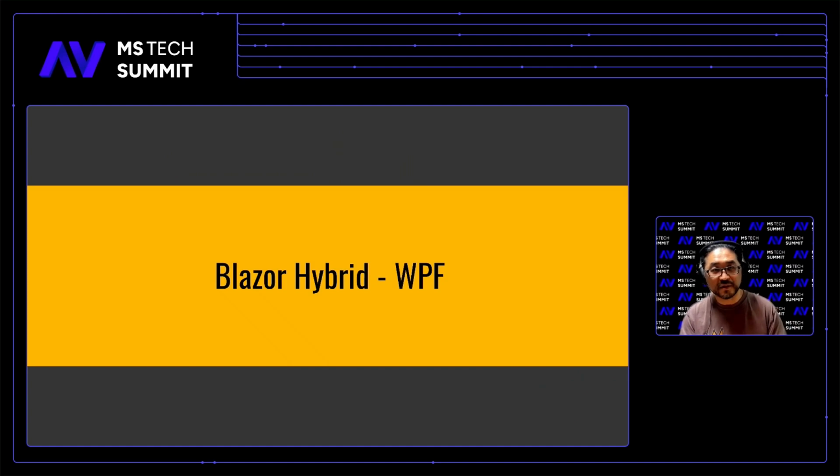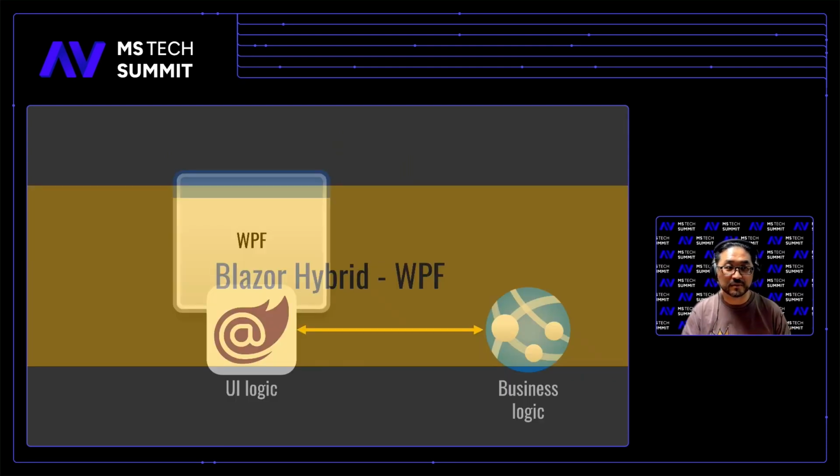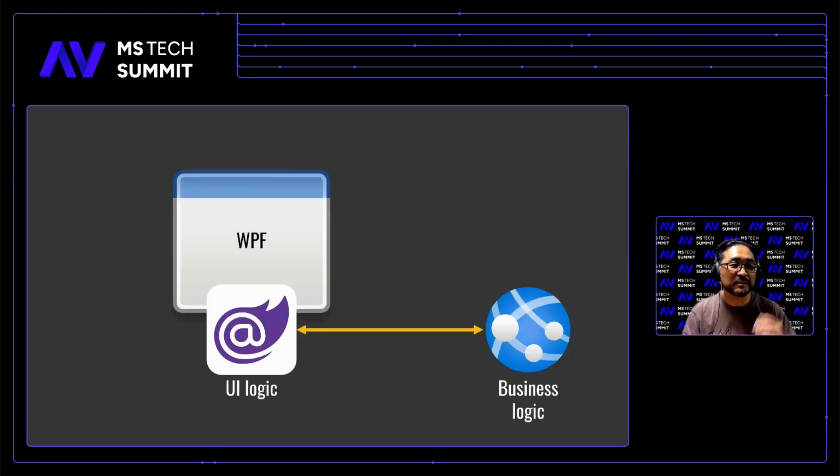Another option is WPF, Windows Presentation Foundation. Instead of WinForms, we can use the WPF shell. It's a similar structure, right? This WPF shell wraps your existing Blazor WebAssembly application, and it talks to the external backend APIs.